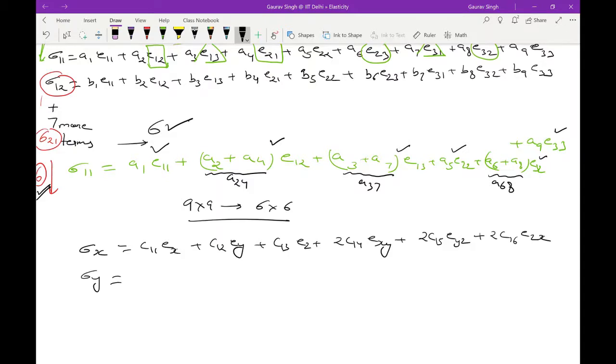So a11 clearly will be c11. Then a24 is equal to 2 times C14. There is a reason for putting a factor of 2 here, which we will see very soon. You can always divide and multiply by 2 to write it like this.